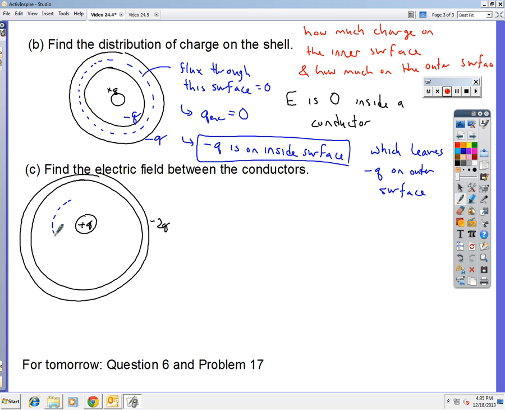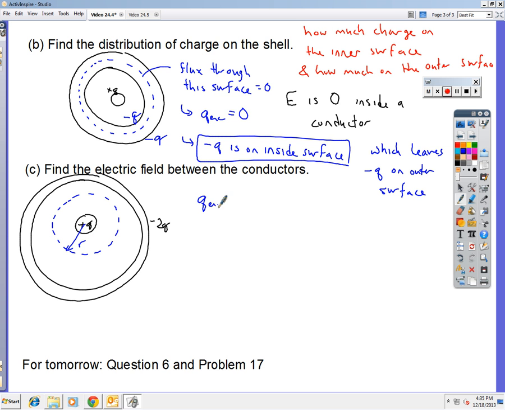So I'm going to draw a Gaussian surface in there with radius little r. And what we have here is the fact that because the negative 2q is entirely outside that Gaussian surface, it has no effect on the electric field.